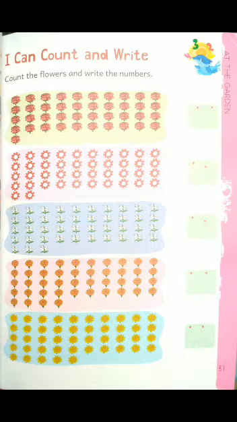Count the flowers like 1, 2, 3, 4, 5, 6, 7, 8, 9, 10, 11, 12, up to 40, 41. Count like this and write 41.